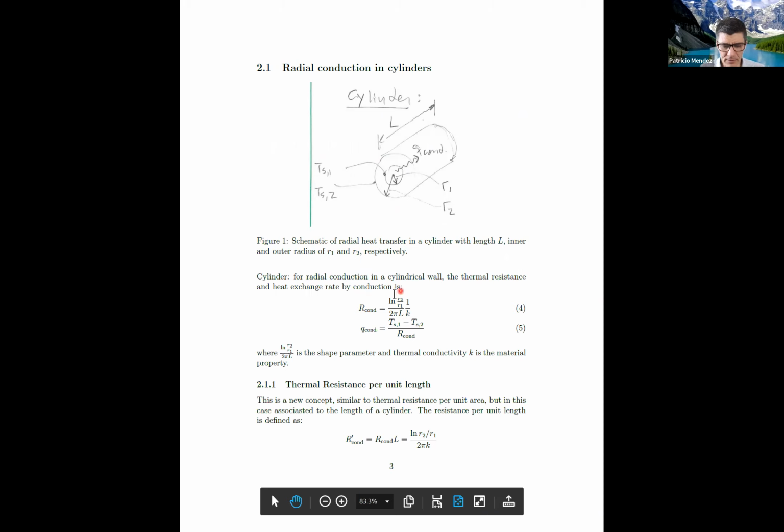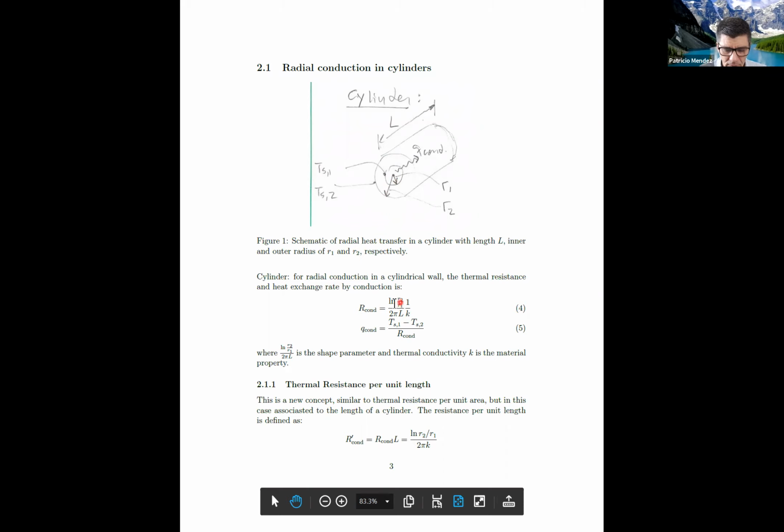And we end up following exactly the same steps as we did with the plane wall, with this resistance to conduction for a cylinder. Very important point here. In this case, the heat conduction is radial. So it's from inside a cylinder to outside, or outside to inside, but it's radially, it's not longitudinally. I'll touch on this again soon.